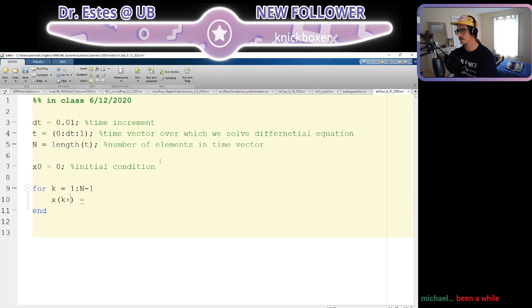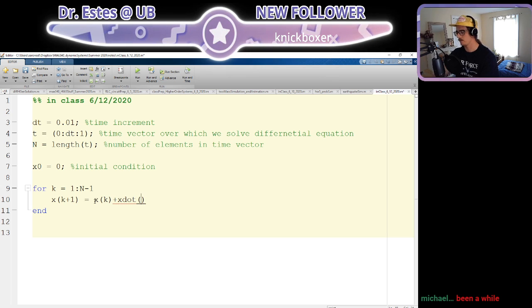It says x, my variable, one time step in the future is equal to my variable right now plus my rate of change right now times the time interval.